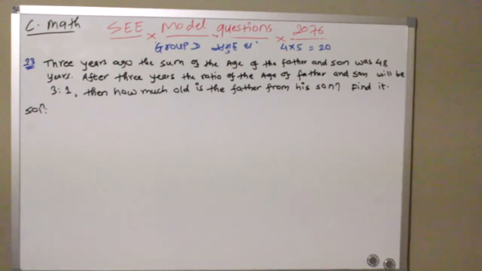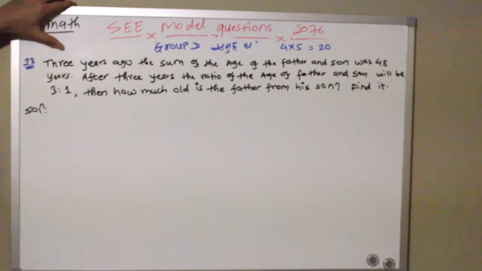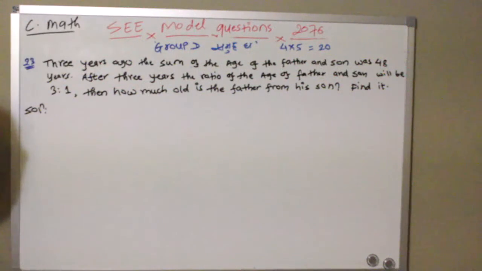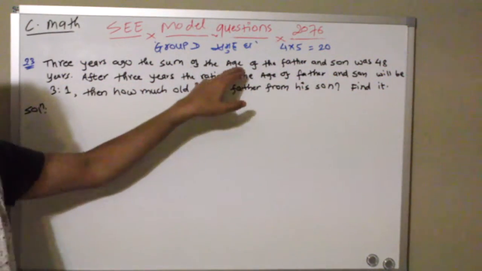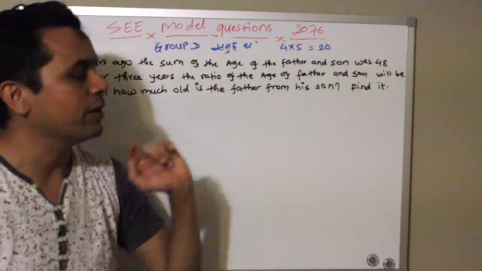Okay, this is question number 23, the second last question from this group. The question states: 3 years ago, the sum of the ages of the father and son was 48.